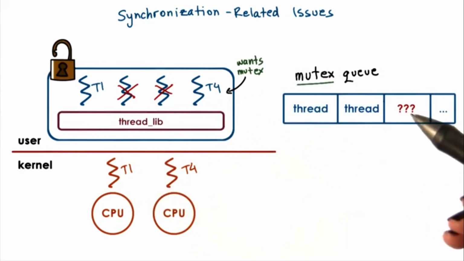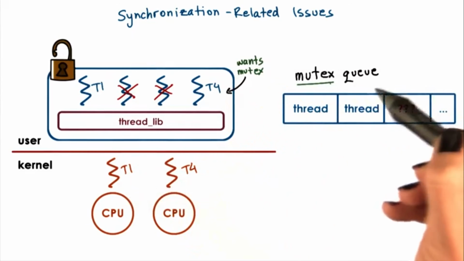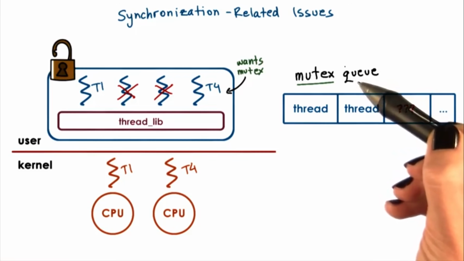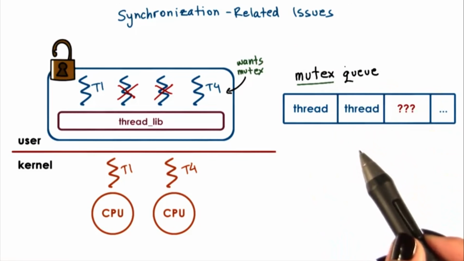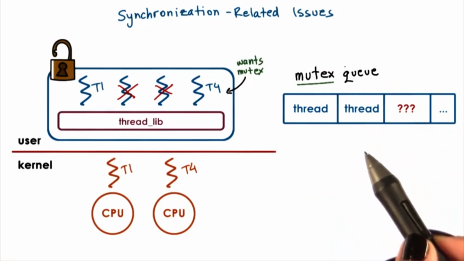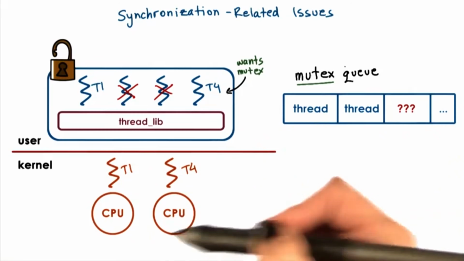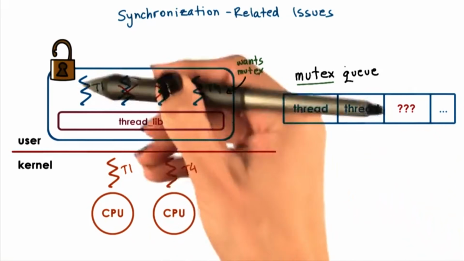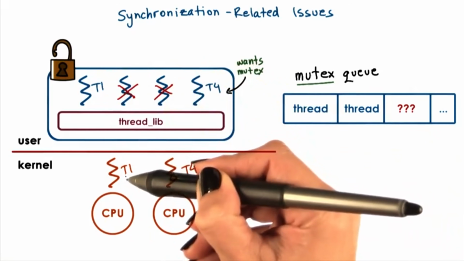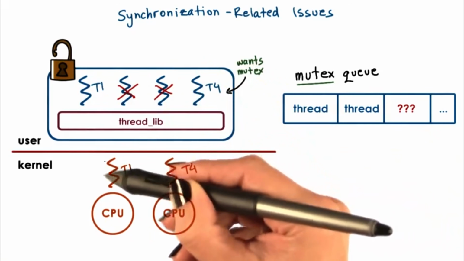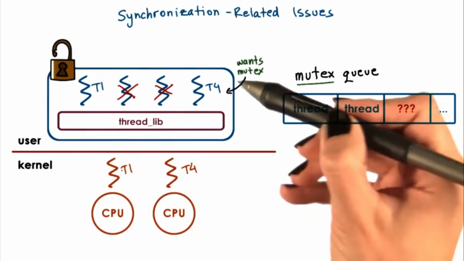Now, the normal behavior would be to place T4 in that case on the queue that's associated with this mutex. That's what we saw during our earlier discussion about threads and concurrency. However, on a multi-CPU system, it's possible to have this situation. The owner of the mutex, the one that's currently executing the critical section, is running on one CPU.